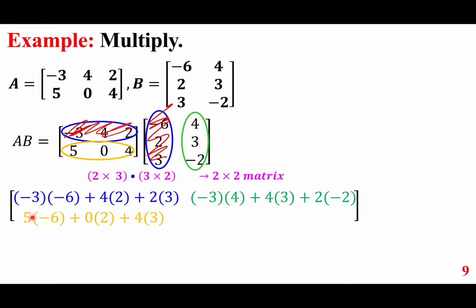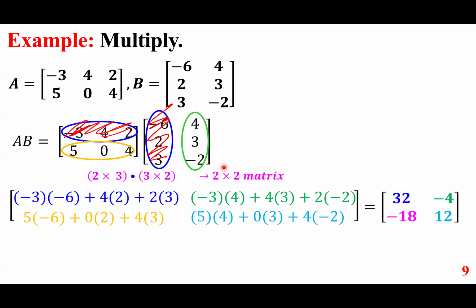Now, finally here, 5 times 4, 0 times 3, 4 times -2, add them up, and we get 32, -4, -18, and 12. As you can see, it's the 2 by 2 that we expected.